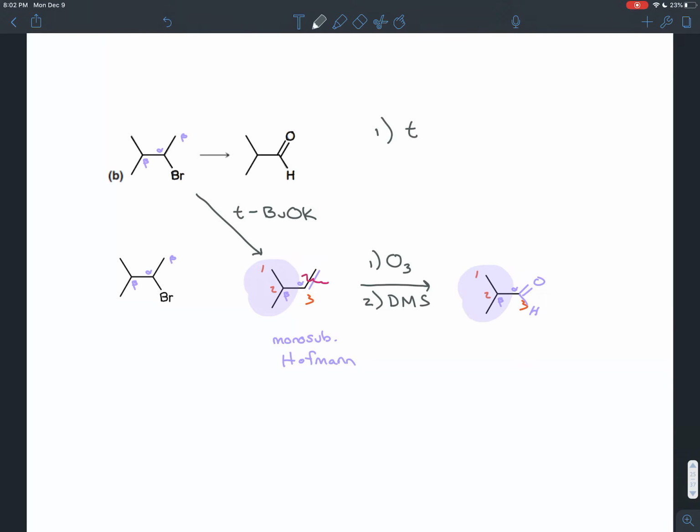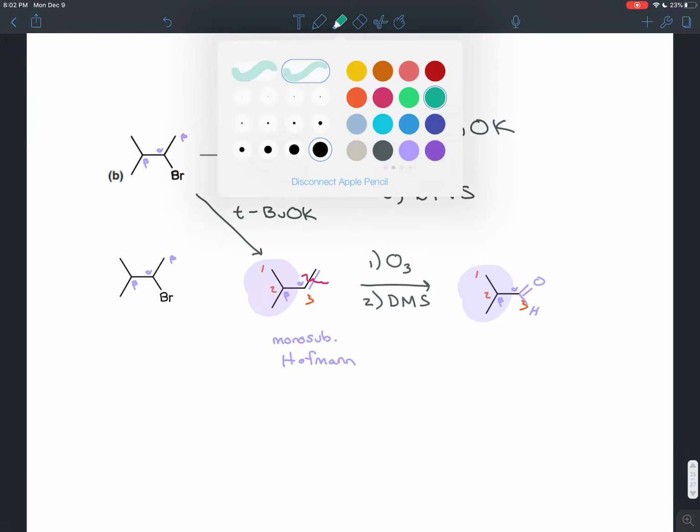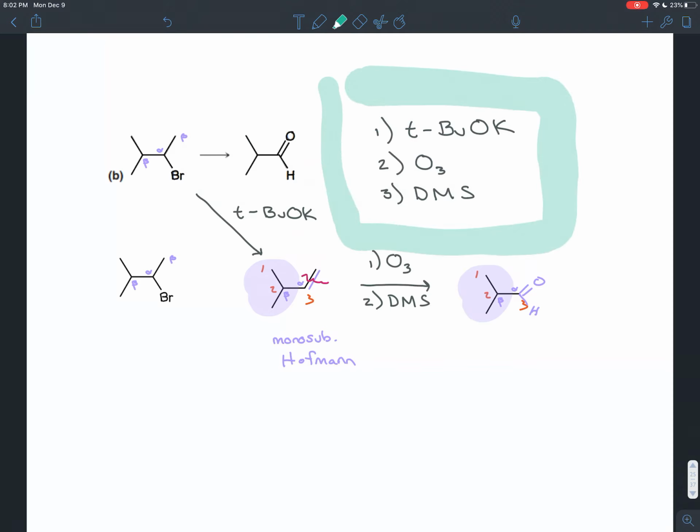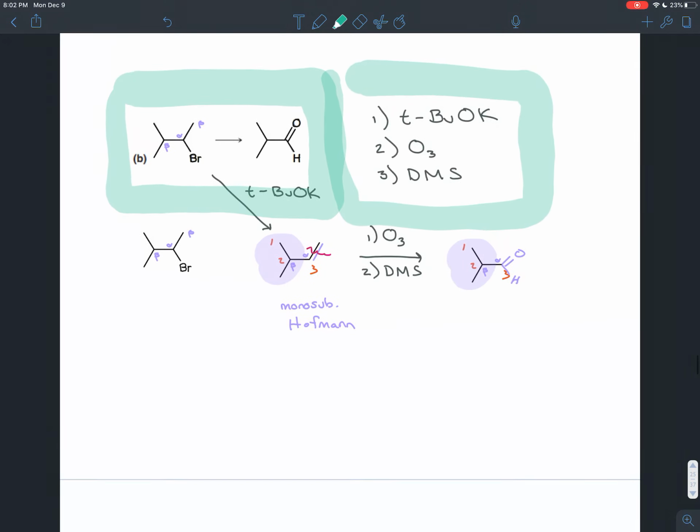So overall, we just needed to treat the original molecule with potassium tert butoxide to get the Hofmann elimination product, and then do ozonolysis, whose first step is ozone, bubbling ozone through there, and whose second step is dimethyl sulfide. So that recipe would be enough to achieve the transformation that they're asking for here.